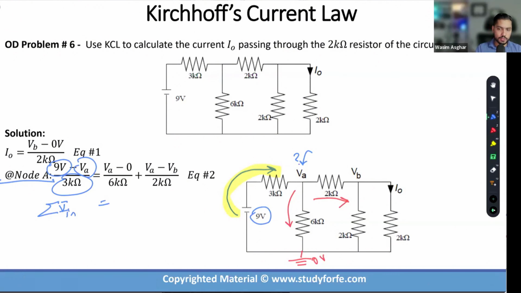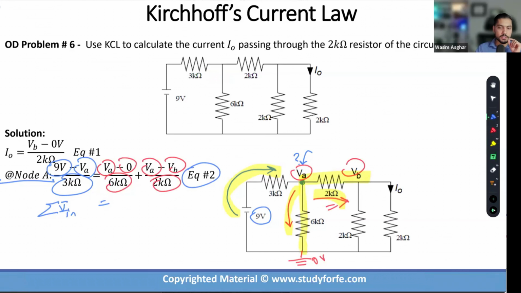And from the standpoint of this node, it should be equal to the total current that is leaving. The two currents that are leaving are VA minus 0 divided by 6K, which is the current through this branch, and then the other one is VA minus VB divided by 2K, which is the current through this branch. Clear? That's my second equation.